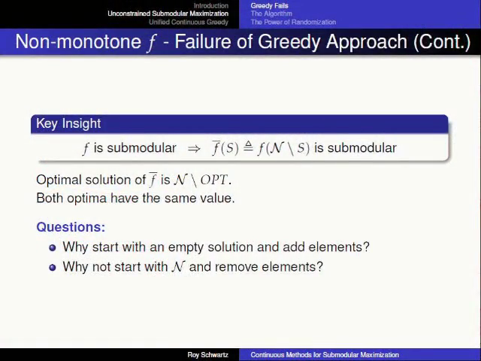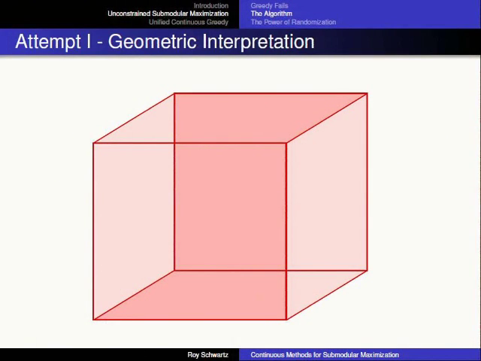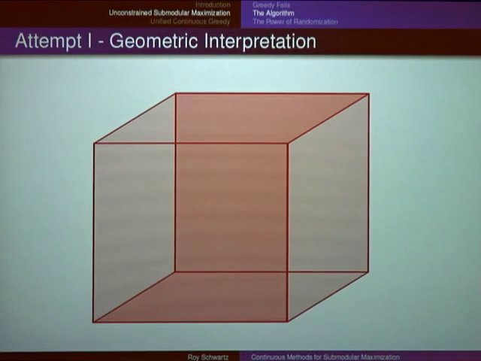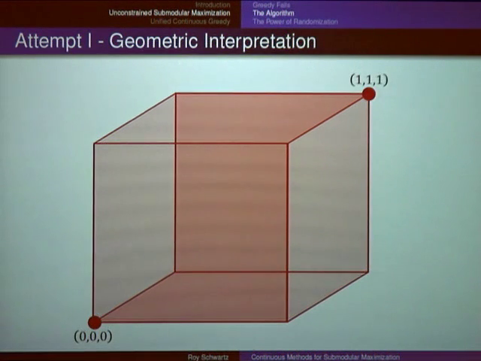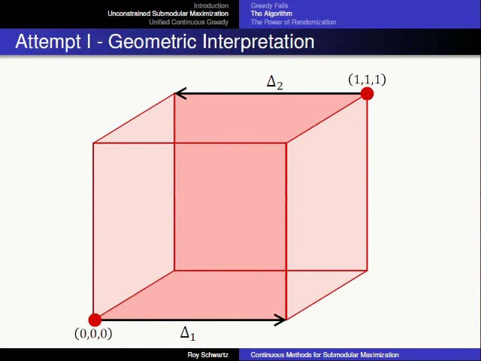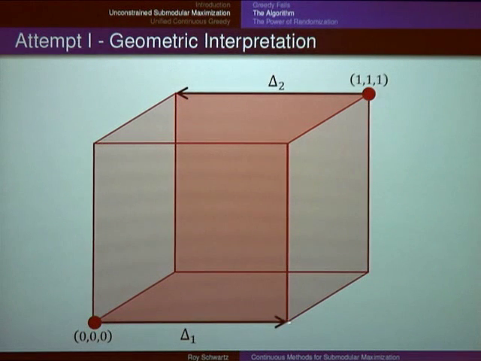And these are the two obvious questions we ask: why start with nothing, when you can start with everything and start dropping things? So let's start with a first attempt and see if we can do something. The vertices of the hypercube are the possible solutions. Let's start with two solutions, the empty set and the full set. Now let us look at the first element. Delta 1 is the change in the value of the objective once we move this point here, which is equivalent to choosing the first element.